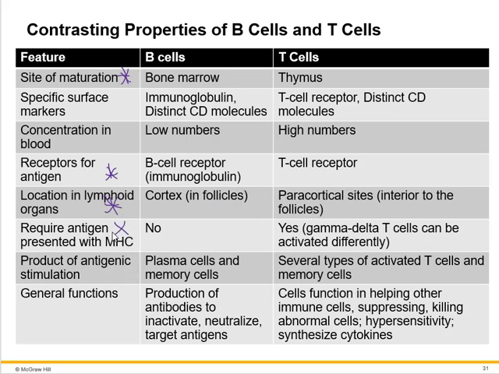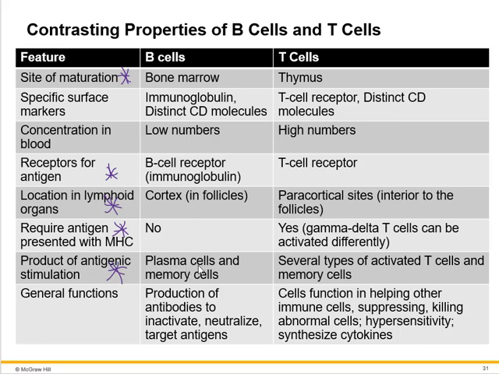And do they require antigen to be presented to them? The B cells do not require it. They can receive the antigen on their own and they can become activated without presentation of the antigen. But the T cells do require that, except the gamma delta T cells, which can be activated differently. And then the different types of cells that are produced when they get stimulated.